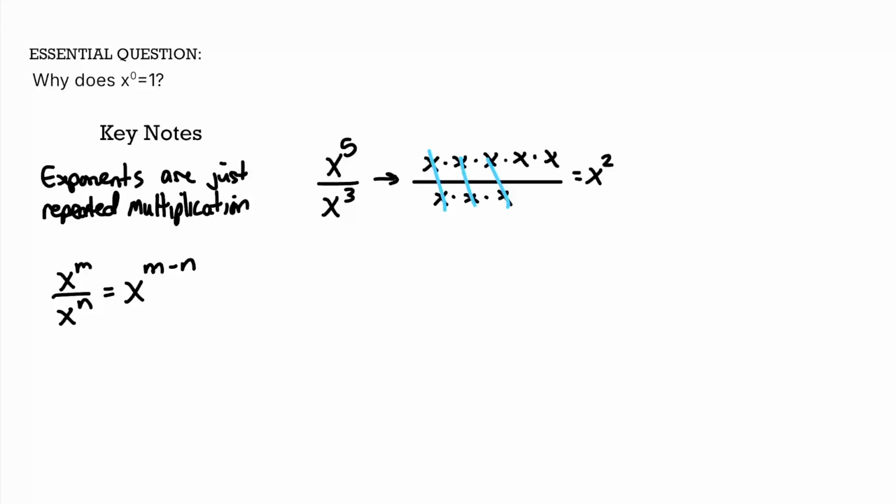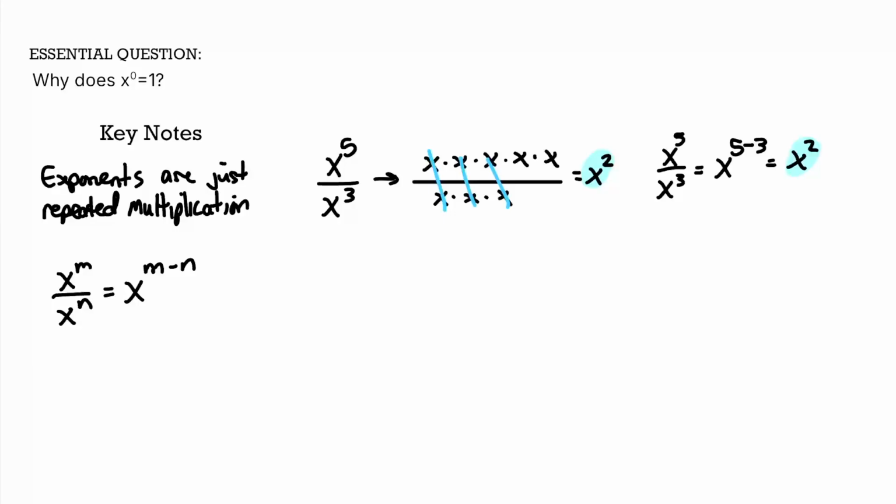So if we take this same problem, x to the 5th over x cubed, that would be x to the 5 minus 3 power, which is x squared. So we get the same thing both times. We get x squared when we multiply them out, writing it out as multiplication and dividing them, or we get x squared when you subtract the exponents using our rule.